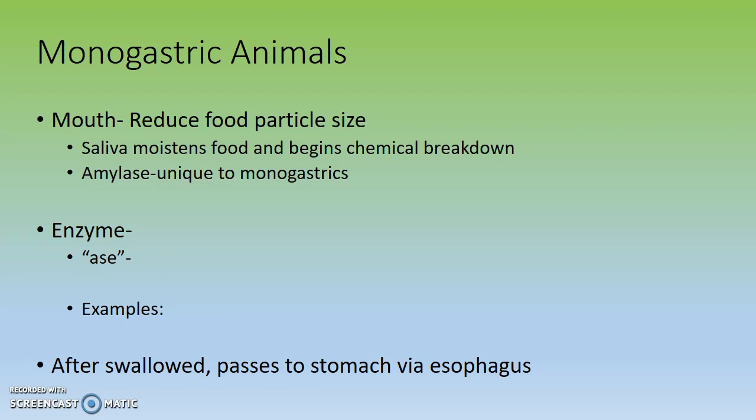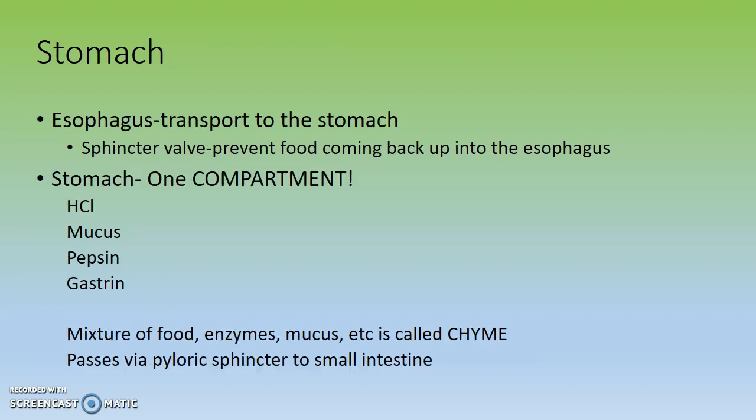After swallowed, the food passes to the stomach through the esophagus. So the esophagus is essentially a transport tube to the stomach. There is some mechanical digestion that occurs in the esophagus, as the esophagus squeezes and contracts the food down to the stomach.